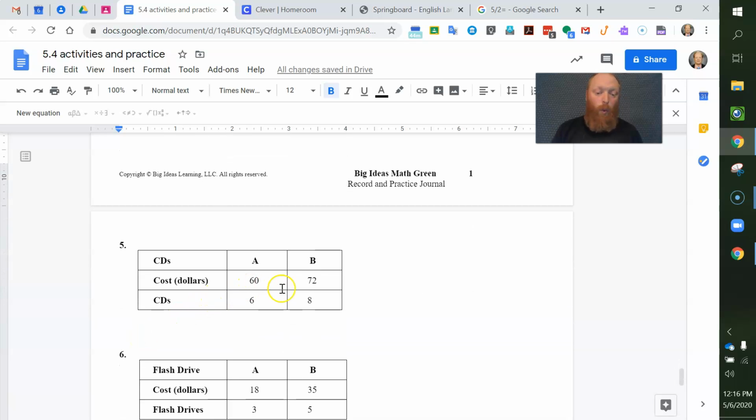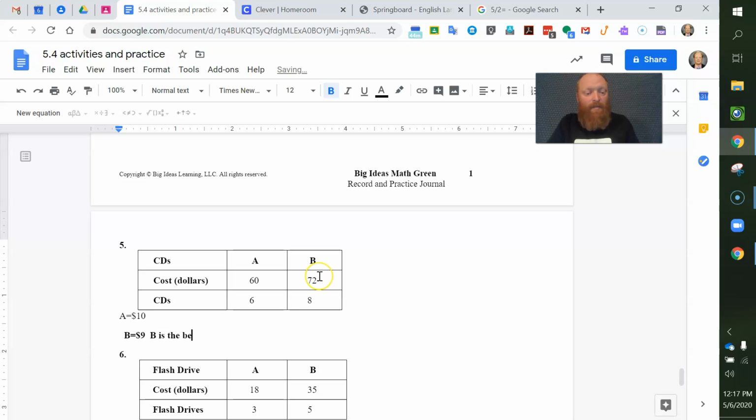CDs. I know that 60 divided by 6 is 10, so A is equal to $10. Whereas B, 72 divided by 8 is 9. So what's the better buy?